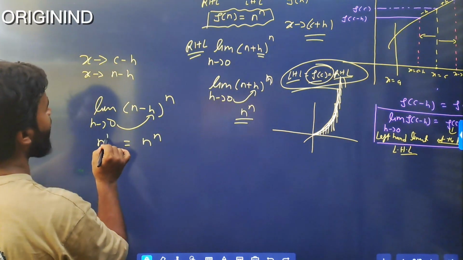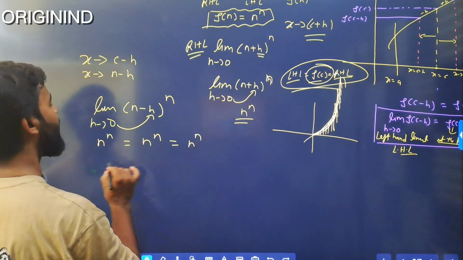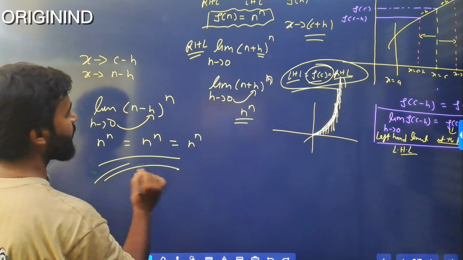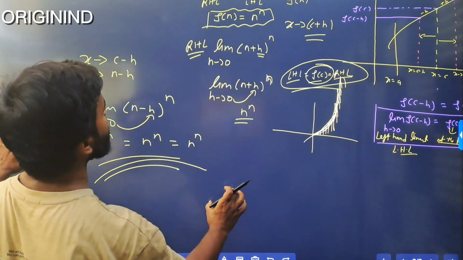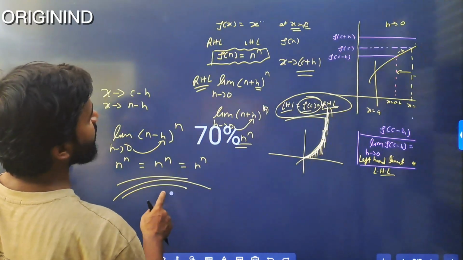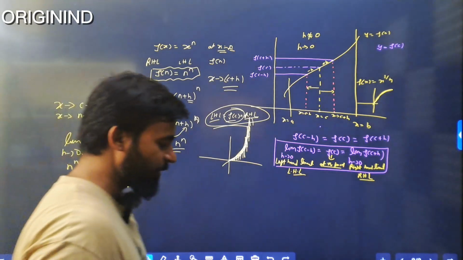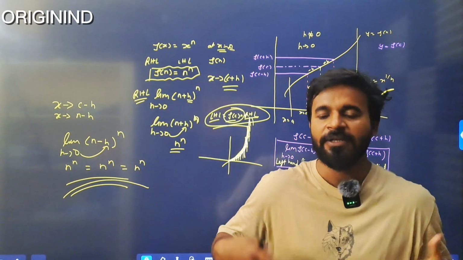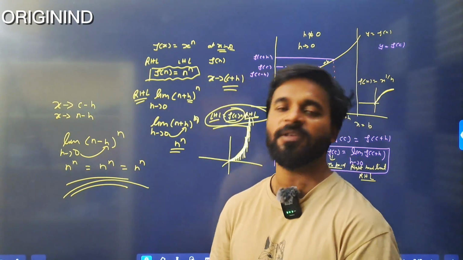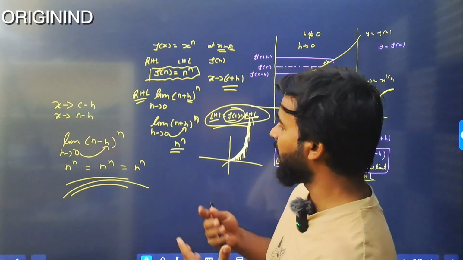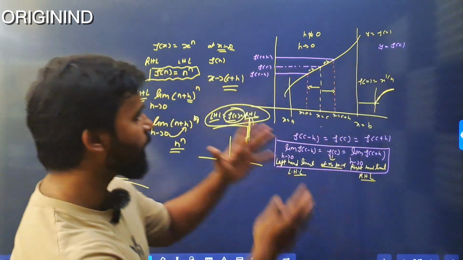So if you notice, all the values are n to the power n, so the function is continuous. This is just the basic concept. We will increase our concepts as we go. I hope you understand the basic concept of continuity.